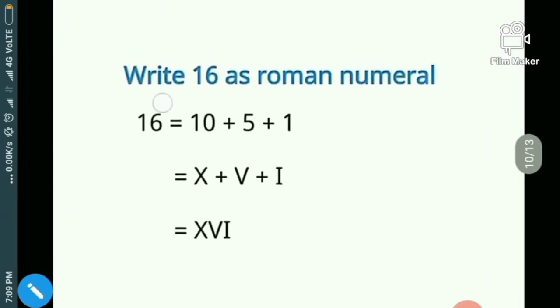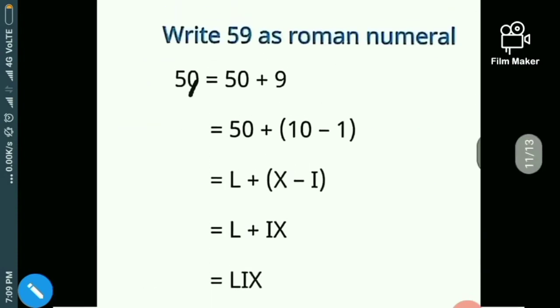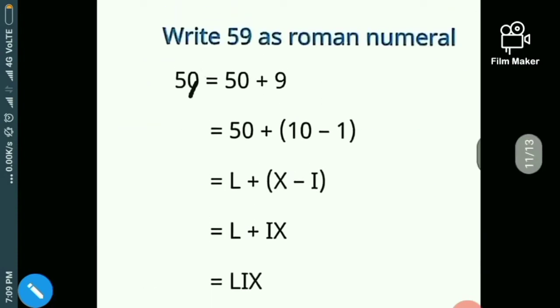Next, here one example is taken. So 16, we'll write 16 as a Roman numeral. First we'll break 16 as 10 plus 5 plus 1. 10 is denoted by X, 5 is denoted by V, and 1 is denoted by I. So its result is XVI. Clear? One more example here, 59.